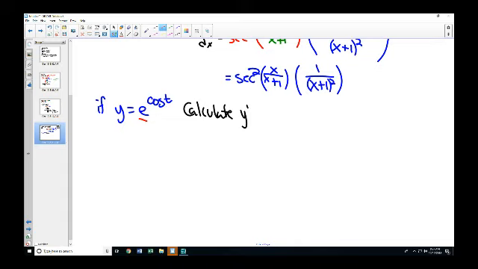All right, so what's the derivative of e to the x? E to the x? Yep. And what do I do with the inside? Copy. And then the outside, what's the derivative of cosine?